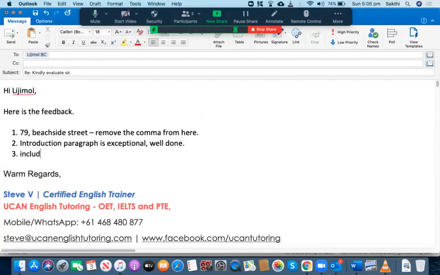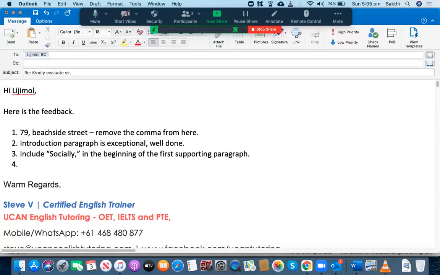Okay, include socially in the beginning of the first supporting paragraph. Okay, that's one thing.